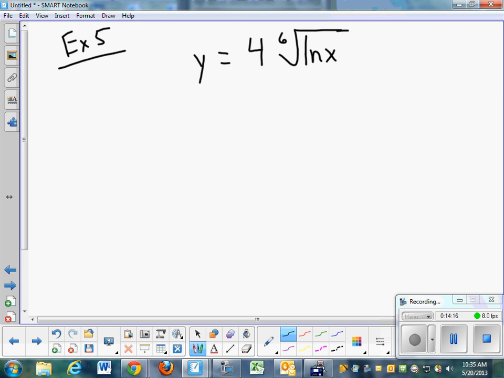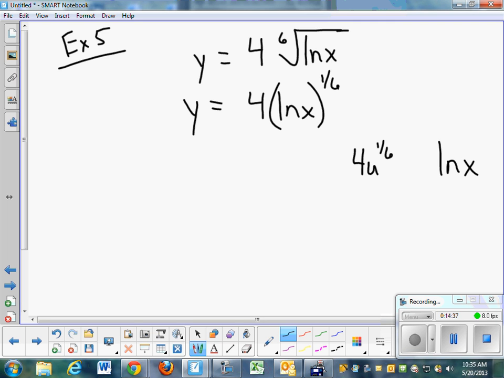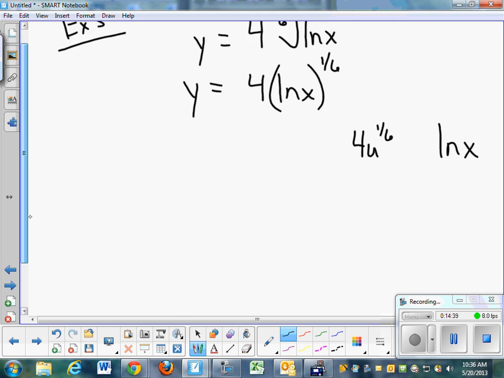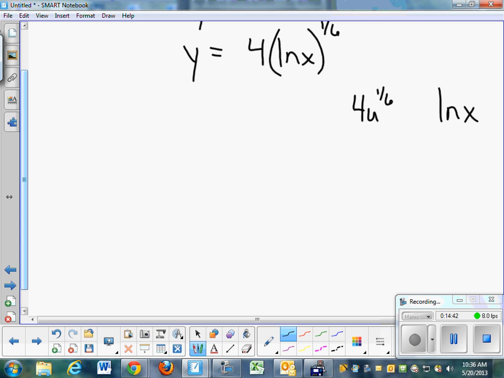Sure, we could do that. That'd be fine. Very good. You're going to set up the chain rule, and what you're going to do is say 4u to the 1/6 and natural log of x. What's the derivative of 4u to the 1/6?